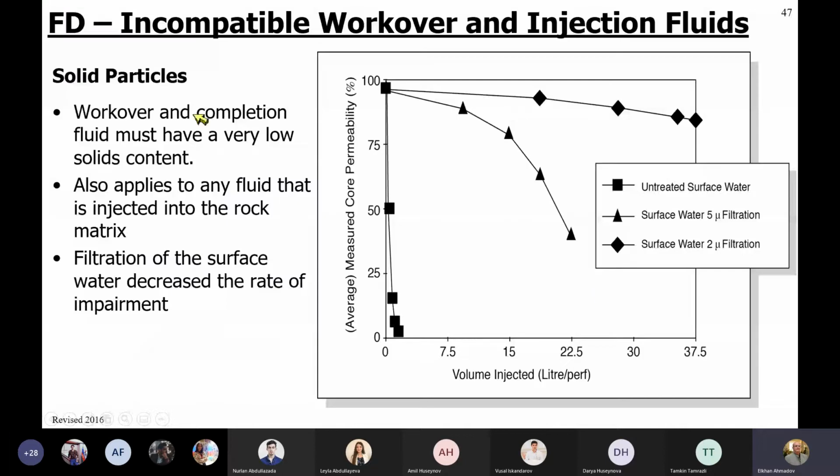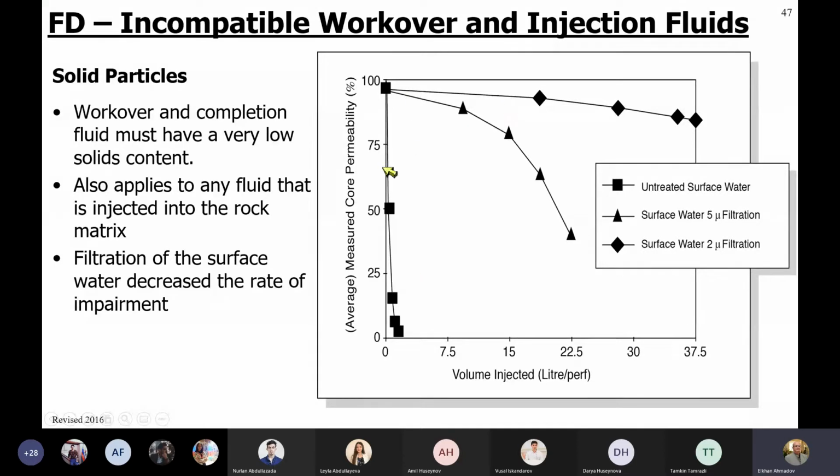Incompatible workover and injection fluid. When we have a completion or workover, we will use some completion fluids like brine or fresh water or whatever. Sometimes people use just the water that is available on the well site, and this graph is showing the effect of the cleanness of the water or brine that is injected through the rock volume.